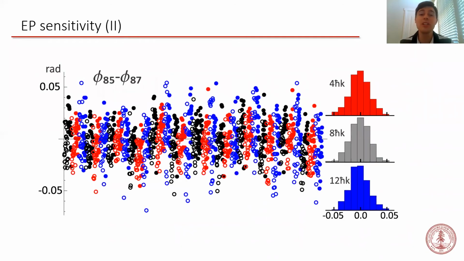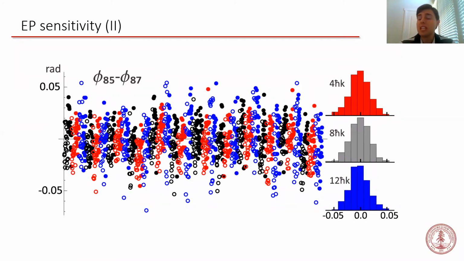This is a time series of the equivalence principle data from a total of 9 hours of operation, carried out over 3 separate days. We took data with 4 h-bar k, 8 h-bar k, and 12 h-bar k interferometers, represented by the red, dark gray, and blue points. Each point on this time series represents one measurement of the differential phase between rubidium-85 and 87.